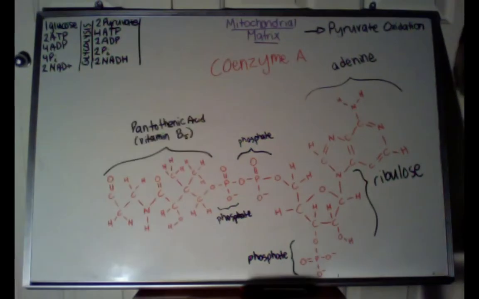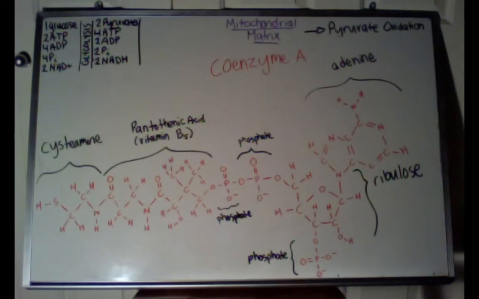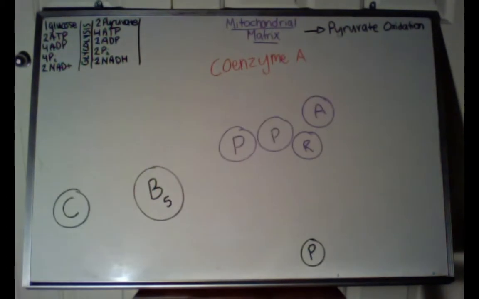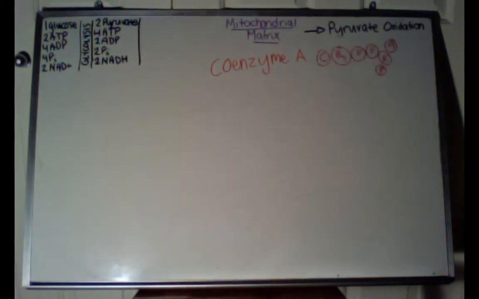And then we have some very cool compounds. This is actually vitamin B5, or pantothenic acid. And then we have something known as cysteamine. But regardless, we can just bubble it up and ultimately turn it into a little CoA bubble, because that's all that really matters for an overview of cellular respiration.